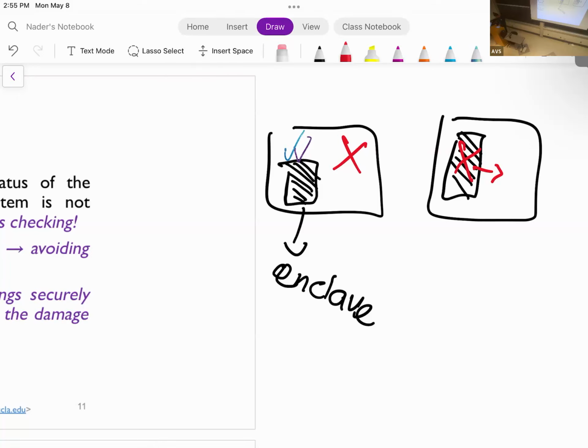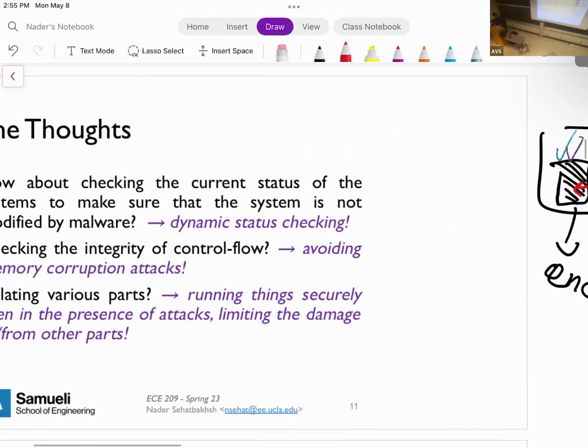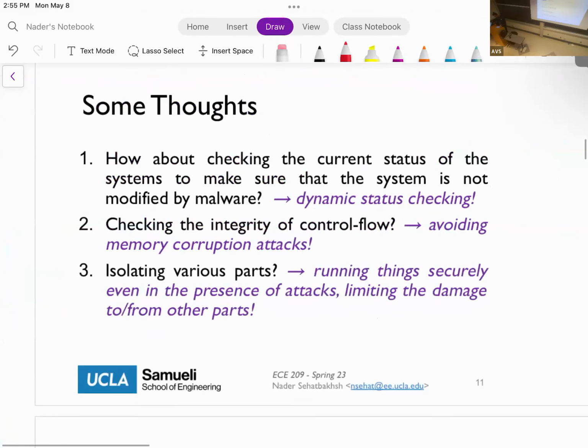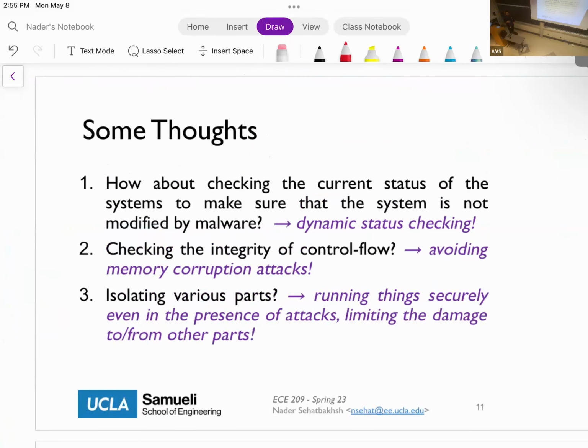So this is the opposite of the other case. In one, the system is compromised and I want to protect my single application. On this side, the application is compromised, and I want to stop the spread to the rest of my system. Okay. So all these three things require some form of hardware support, system support, and software support.